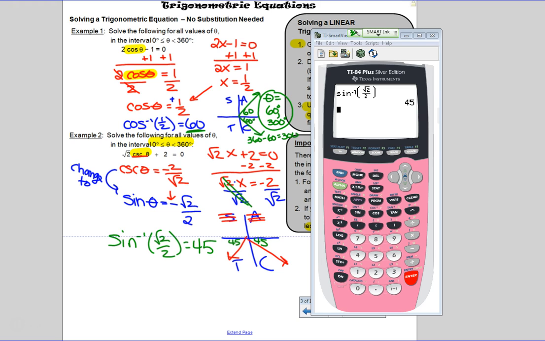So in this quadrant, we're going to do 180 plus 45, which is 225. And in quadrant 4, we're going to do 360 minus 45, which is 315. So those are my answers. Theta is equal to 225 and 315.